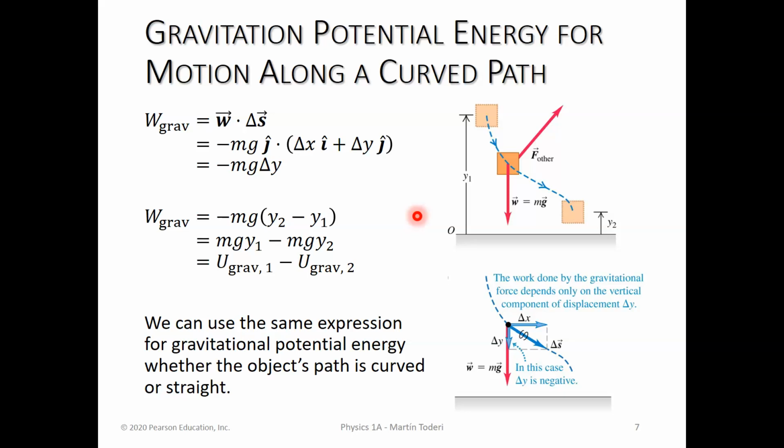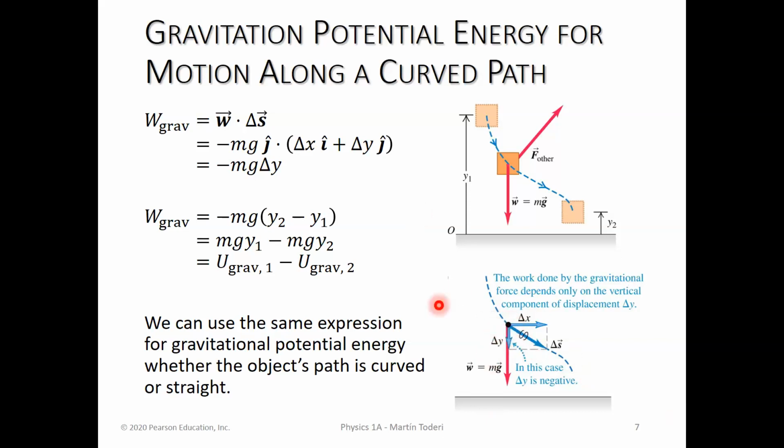Because it only cares about the projection of the force which is parallel to the projection of the displacement onto that axis, right? So this is basically what we're seeing here, right?